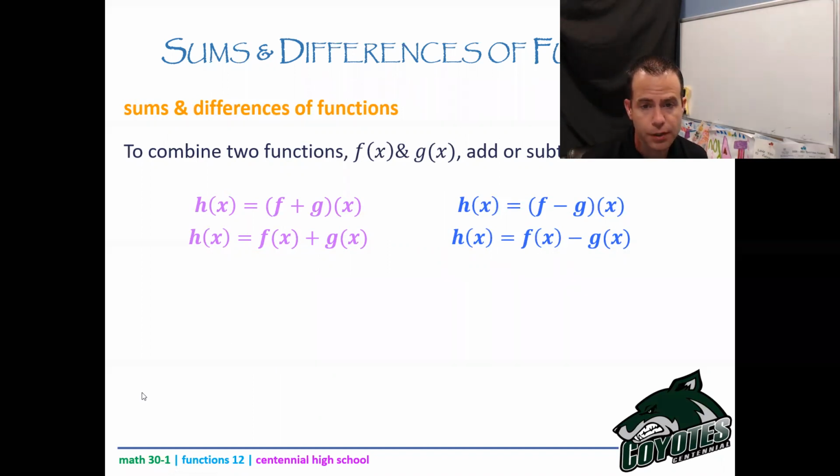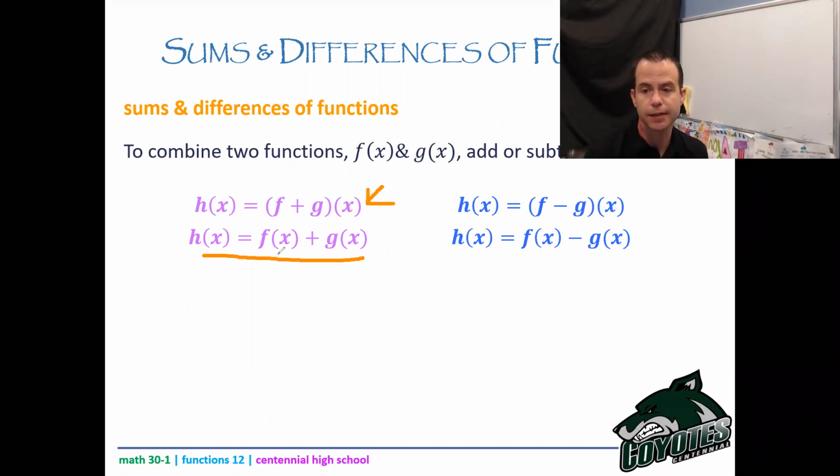And personally, even if you're given it this way, I would write it this way first, as your first step, because I think it's a better visual for your brain to understand what you have to do here. Same thing with subtraction. H of x is f minus g of x, or written as h of x equals f of x minus g of x. So essentially today we're just going to take two functions, add them together, or subtract them from each other.